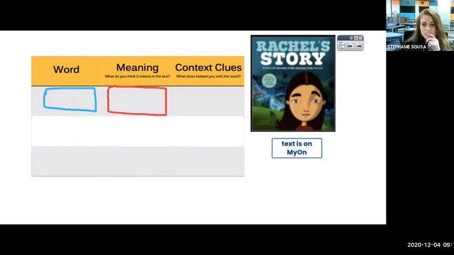You will need to use context clues to help you figure that out. The definition might be in there. You might also need to make inferences and use the pictures or the words to help you. If you use the pictures, remember to say what the picture showed that helped you get that meaning. If you use the words, say what was happening in the story that helped you understand what that word meant.